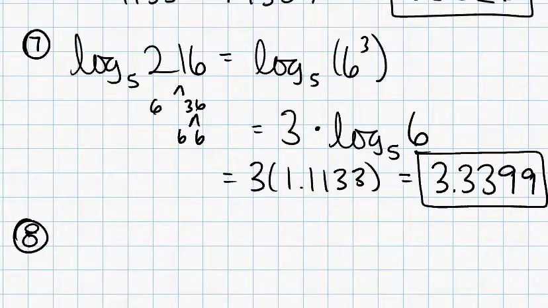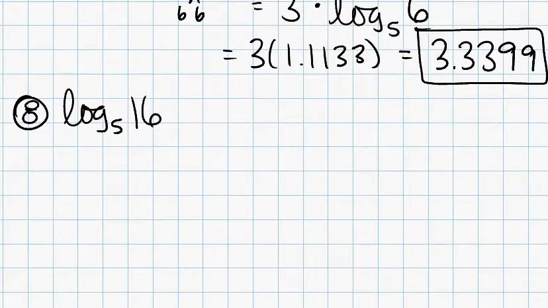All right, try this next one on your own. Log base 5 of 16. Again, pause the video now. Welcome back. Log base 5 of 16. So if you remember, or you just divide until you find it, 16 becomes 2 to the 4th.